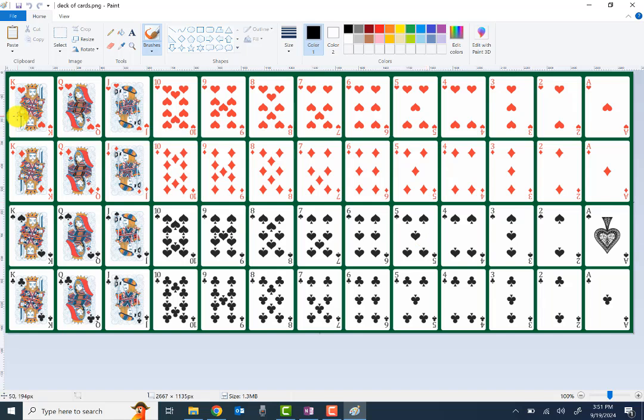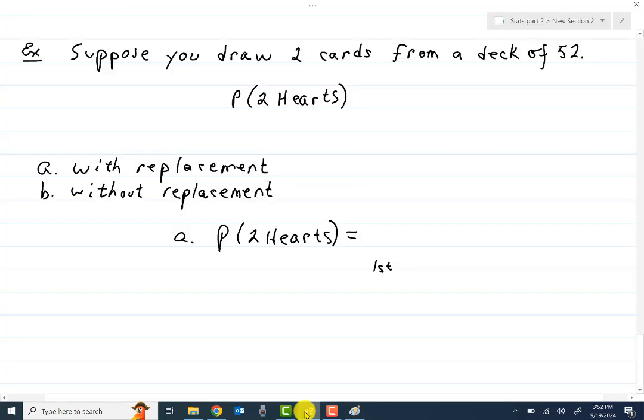I don't need all this information right now. All I need to know for this problem is that in that deck of cards on my first draw, there are 13 hearts out of a total of 52. So the first card I want to be a heart, and the probability of that happening is 13 out of 52. Now this is where you make use of the multiplication rule.